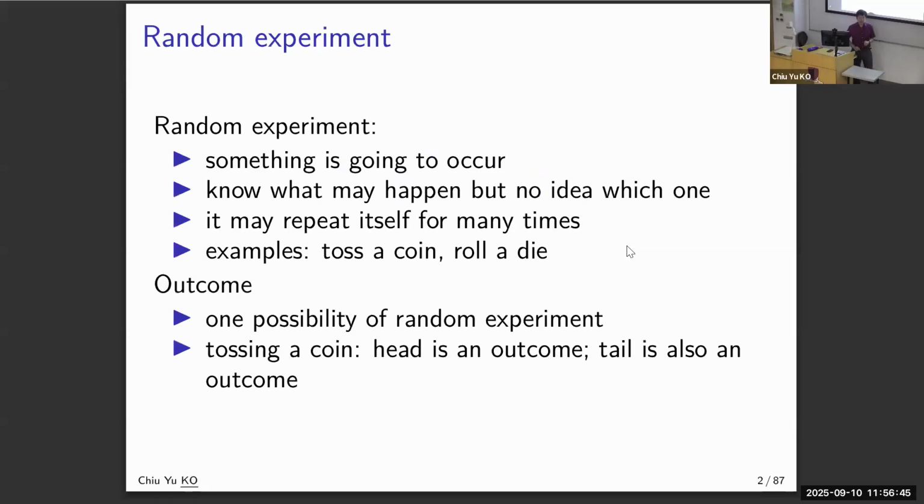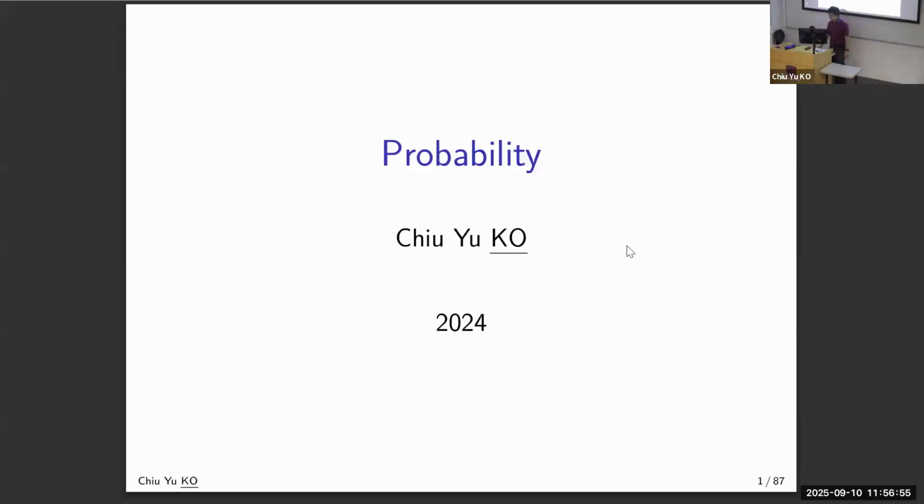So probably the first question is, what is probability? I mean, what is probability about? Before we go to the slides, let's see. There are many definitions if you look at philosophy.